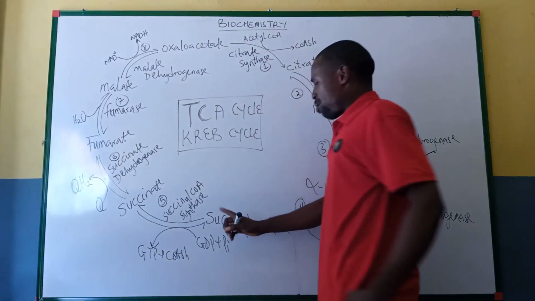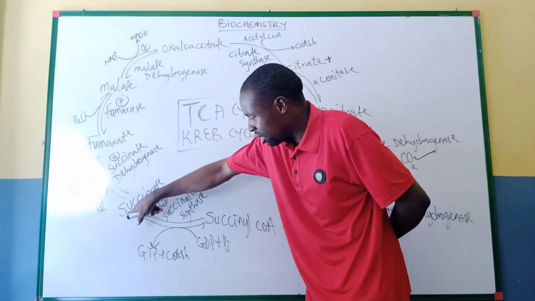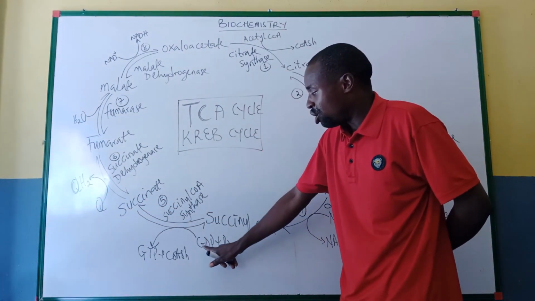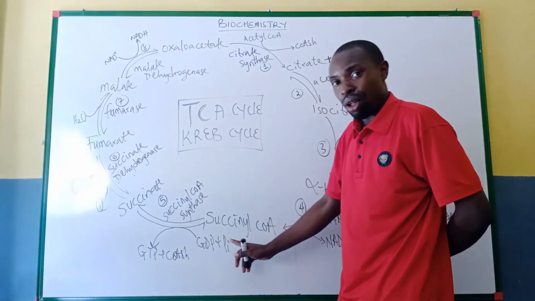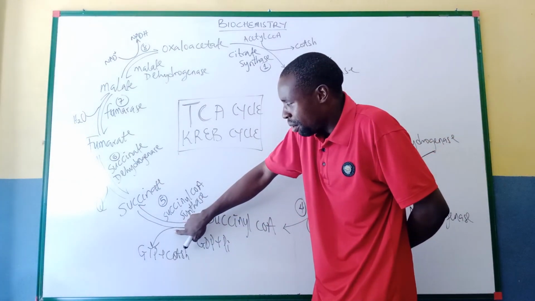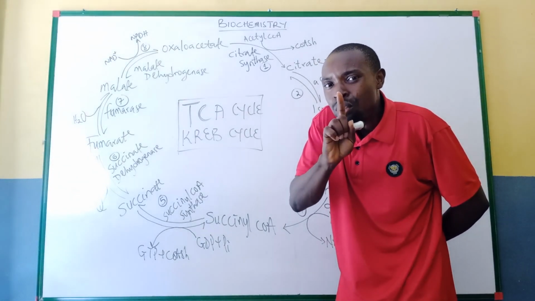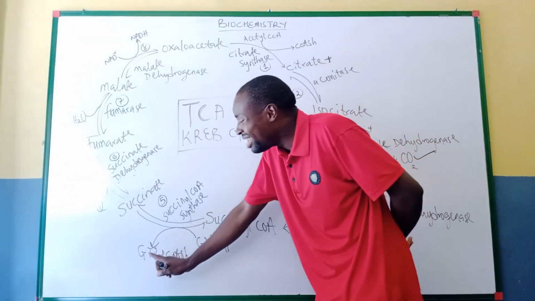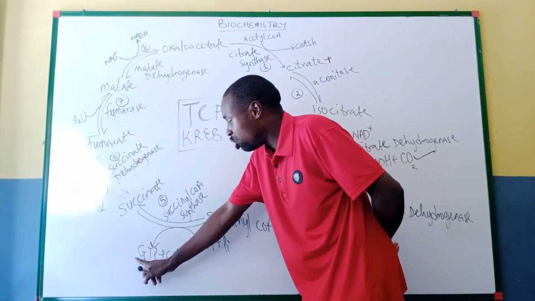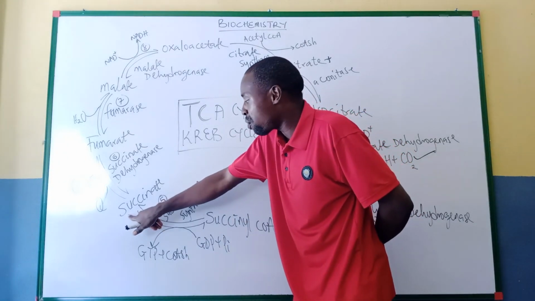We then move from succinyl-CoA straight down to succinate, in which GDP plus an inorganic phosphate enter into this step with the release of another energy-generating substance, which is GTP, to produce succinate.